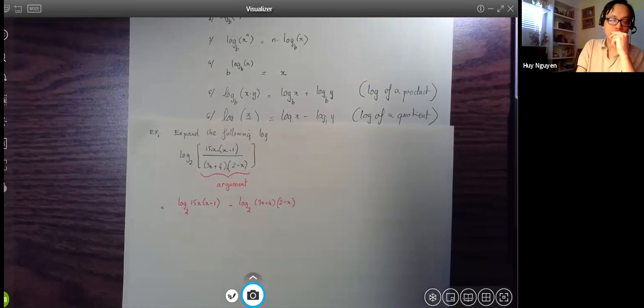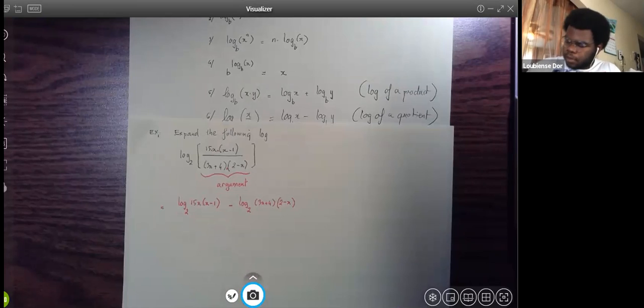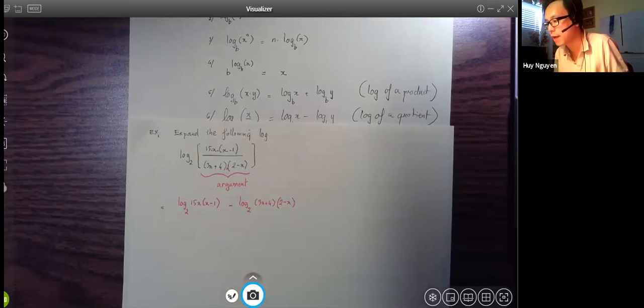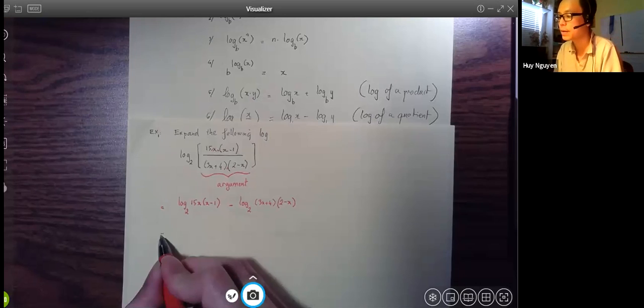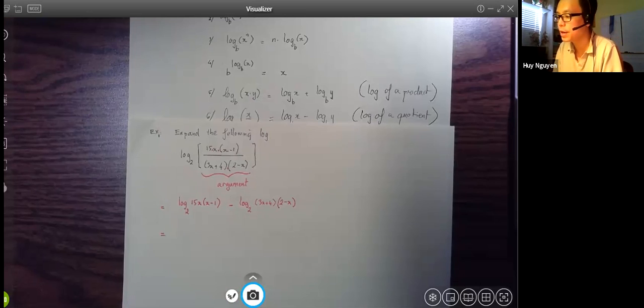Everybody got me on the first step? If you don't get it, let me know right away. All right. But we haven't stopped yet. We have to keep going because this is not fully expanded yet. Now we have two logs already, and the log right over here we have to rescan.